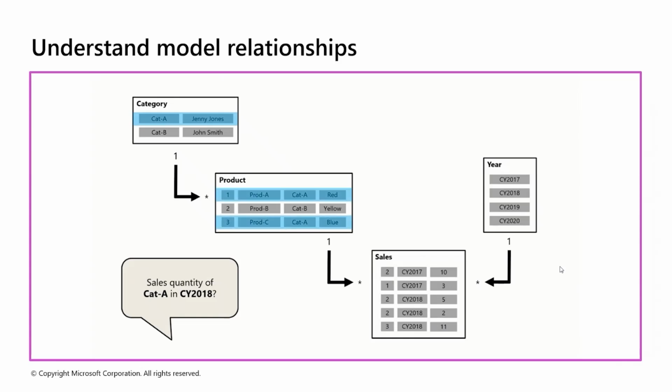These two sales rows represent the sales of products assigned to category A. Their combined quantity is 14 units.